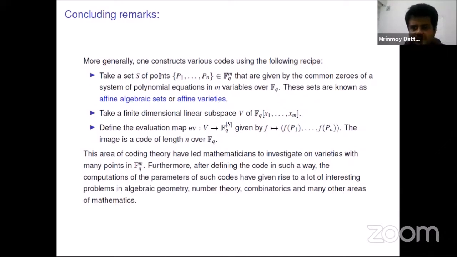And after you have defined a code using such an affine algebraic set or an affine variety in the way that I have mentioned, computing the dimension of the code or the minimum distance of the code are actually problems that are studied in combinatorics, algebraic geometry, and number theory.